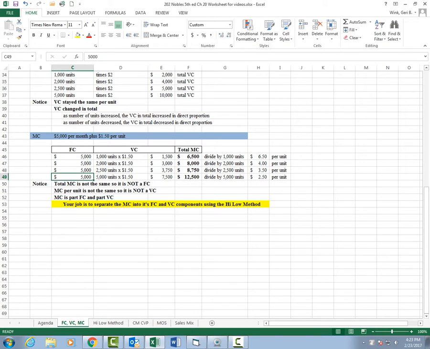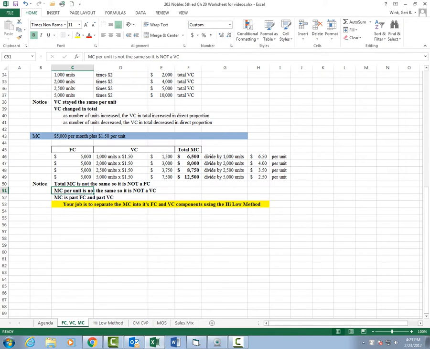So at 5,000 units times $1.50 is $7,500, plus the $5,000 fixed piece is $12,500. Divide it by 5,000 units and you get a different per unit cost for the mixed cost. So mixed cost is not the same as a fixed cost because the total does not stay the same every single month.